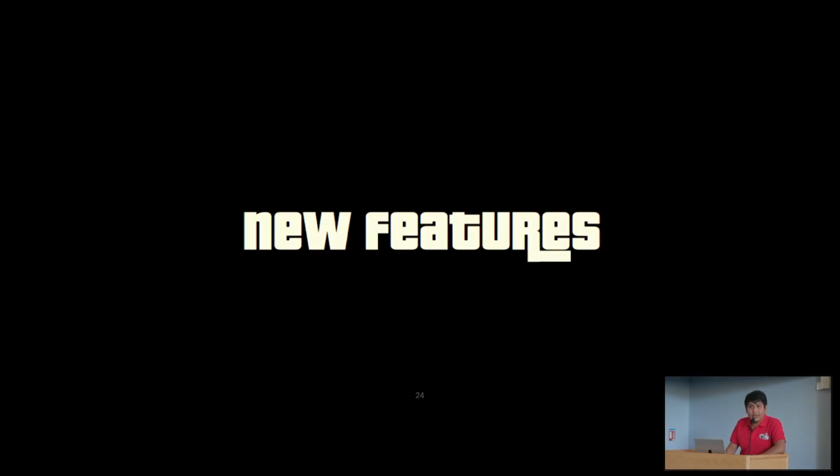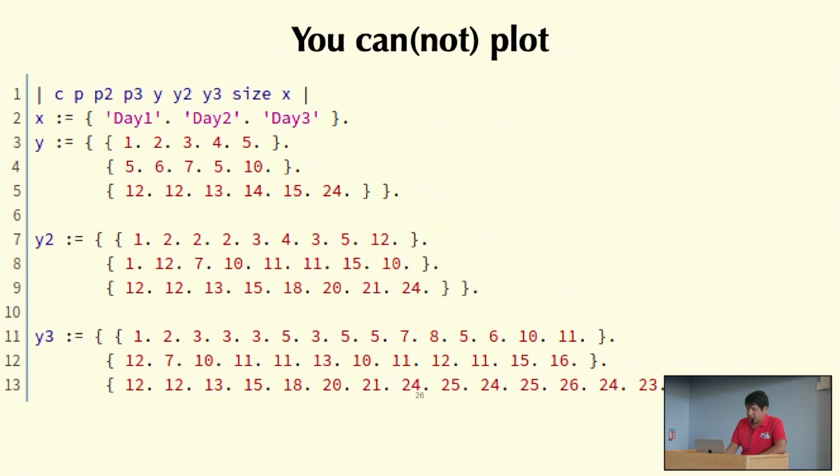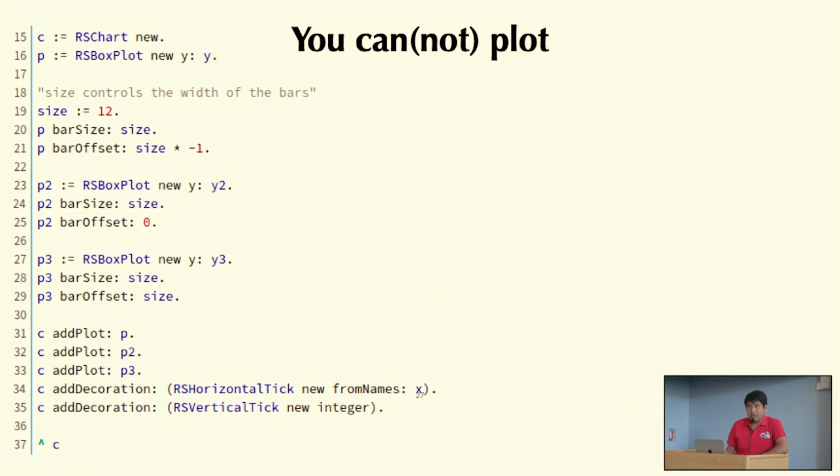So, okay, that's what we have, and I want to talk now about the new features that we have in Roassal. So, starting with charts, this is a small example of a chart. We have a lot of data, different numbers from different groups that we have tested for day 1, day 2, day 3. And in order to visualize this data in Roassal, in the last release, you have to create a chart, then you have to create a plot.